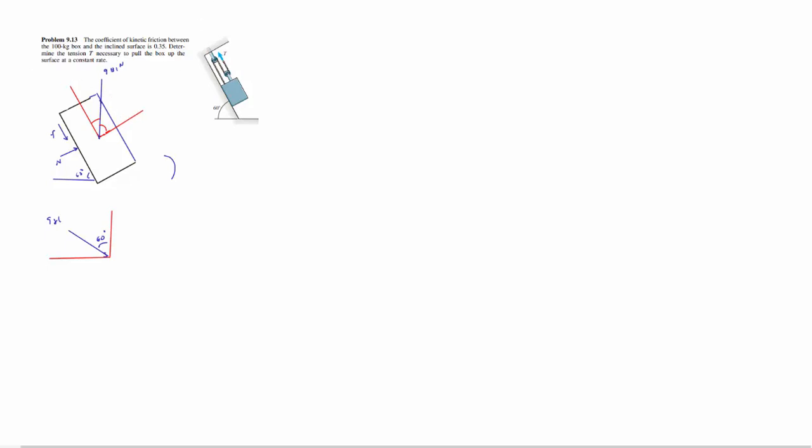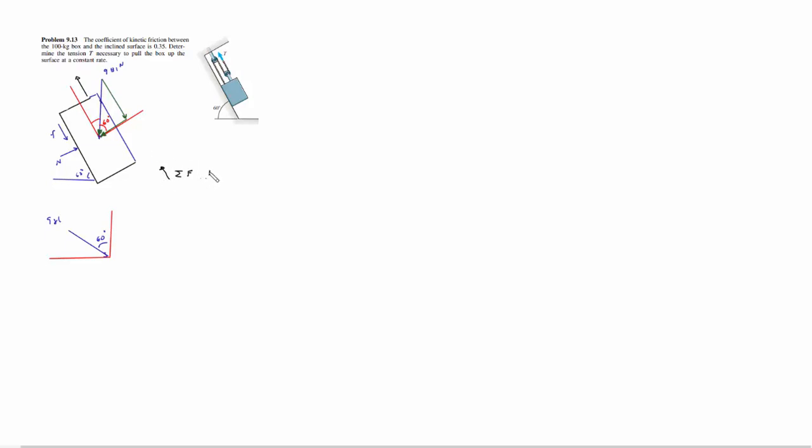Now I'm going to erase this real quick and draw it in here. So we know this is 60 degrees. When I start looking at this 981 newton force, I'm going to have to break it up into its components, this component and this component as well. How I would start this problem is I would sum my forces. The way that the tension is going up, that is going to be positive.